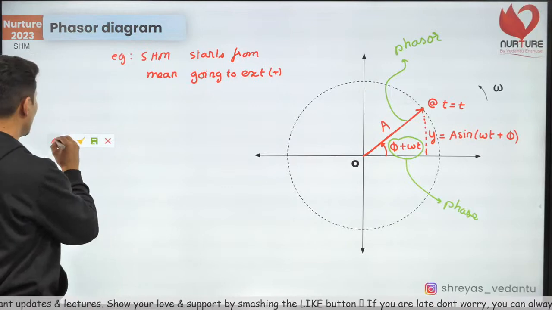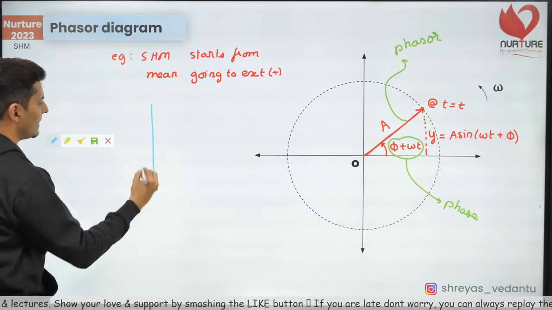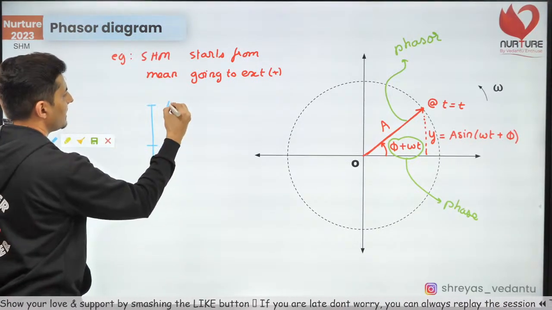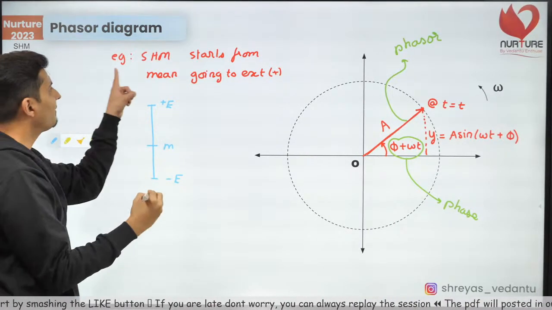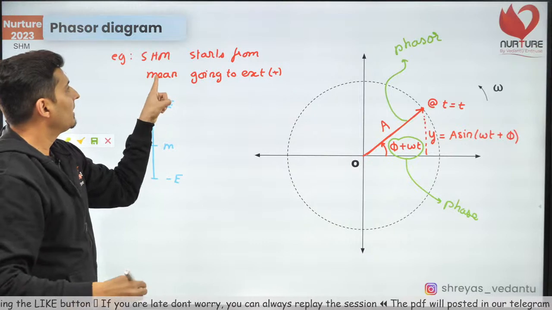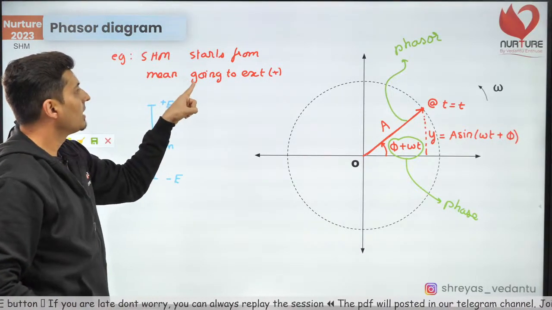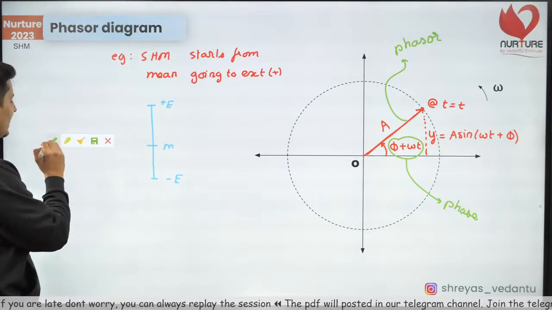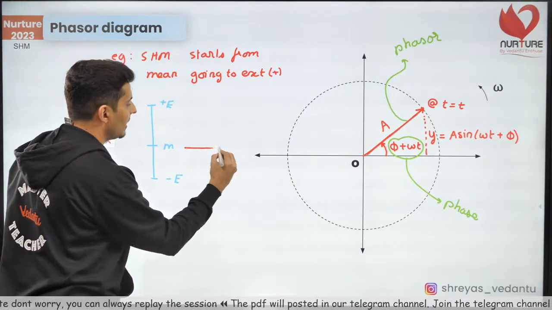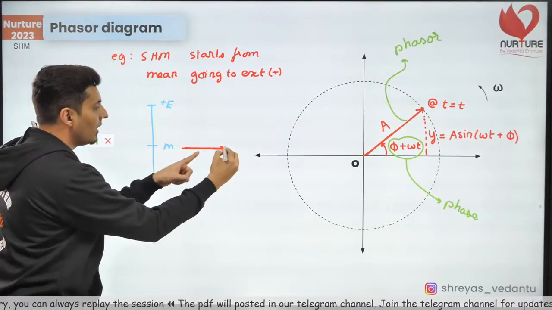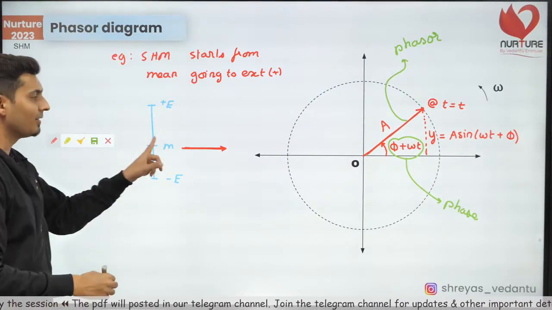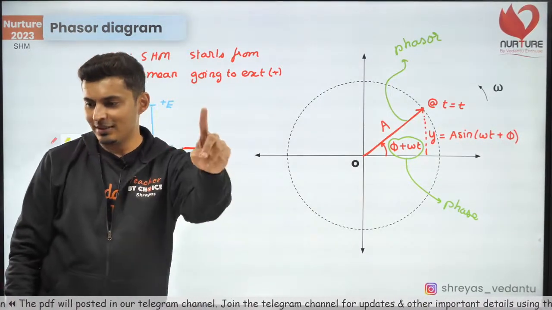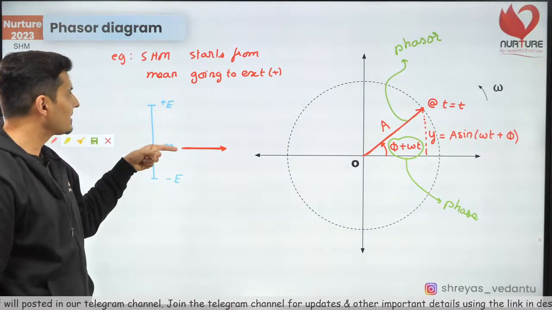Try to visualize. So if I even try to draw a SHM, this is, let's say, mean, this is positive extreme, this is the negative extreme. How will the phasor look like for a particle which starts from the mean and going towards the extreme? I think I know what it is going to look like. It is just going to be horizontal, because the shadow will be over here. Do you guys agree with it? Yep, the shadow will be exactly on the horizontal axis.